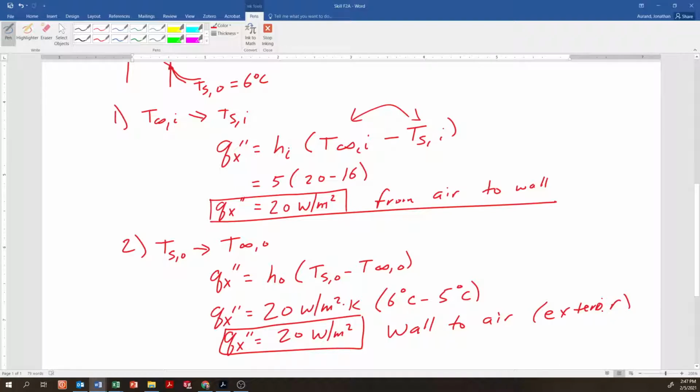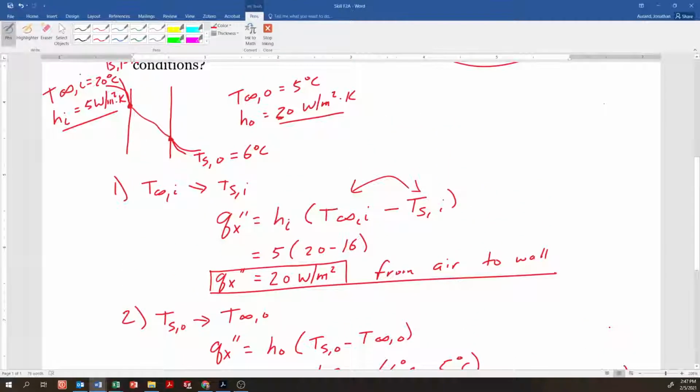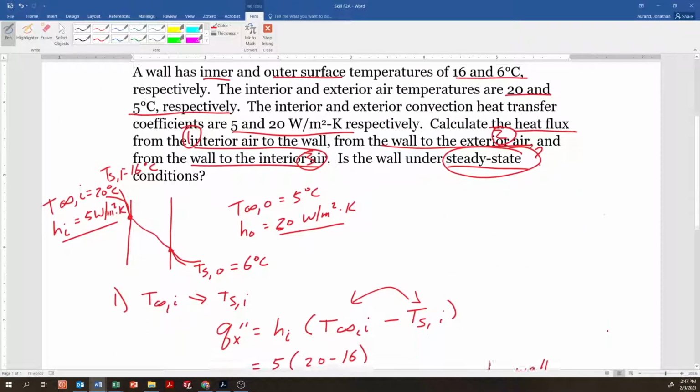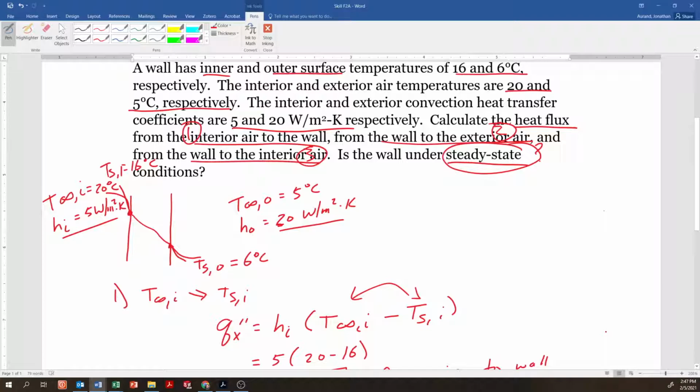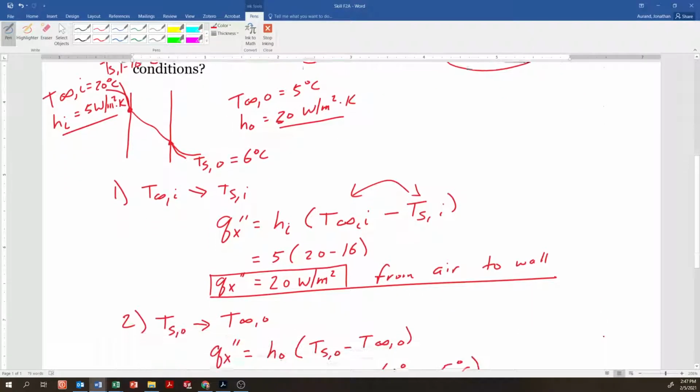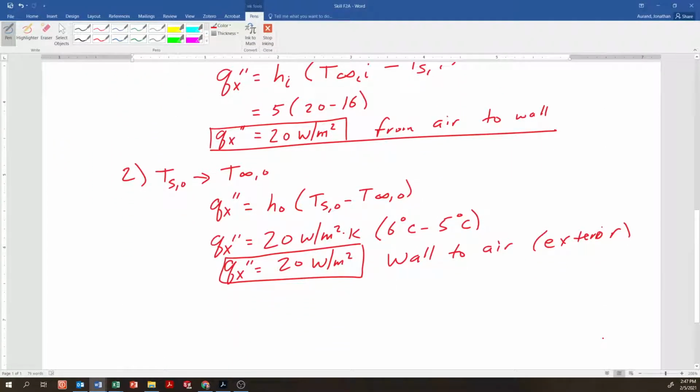So far, so good. It looks like we're steady state. We don't know what's happening inside the wall. We don't know anything about its conductivity. So presumably we're not generating something inside of this. That could possibly be a case, or maybe we had some storage initially. But usually if we had storage, we wouldn't have the same heat flux going into and out of the same body.